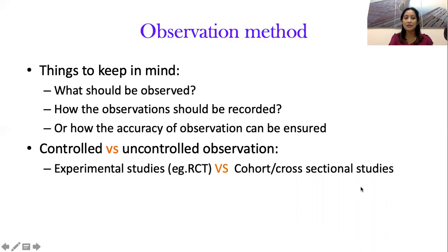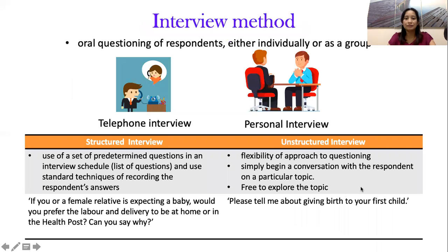In an experimental study, the investigator will be the one controlling the intervention. Let's say you're going to expose them to a certain drug, or you're going to expose them to a certain educational intervention. So that's an example of the difference between experimental and observational studies.